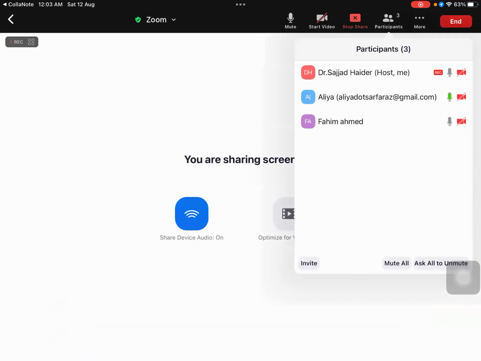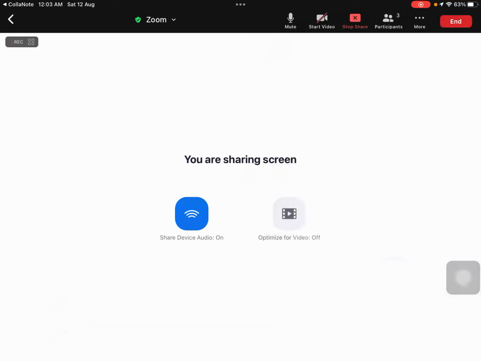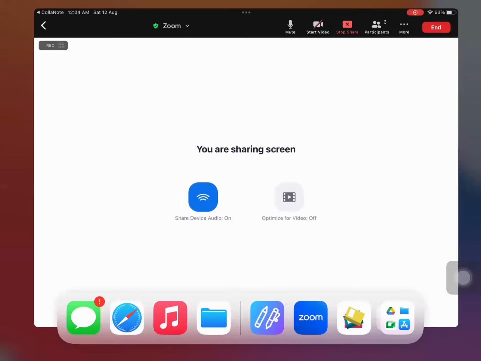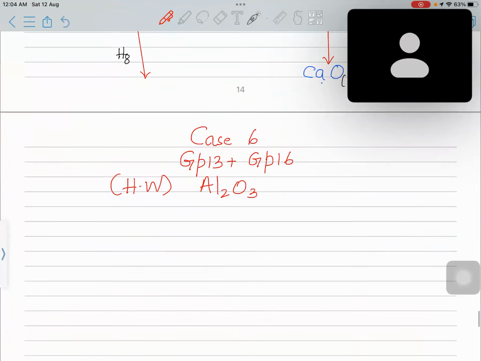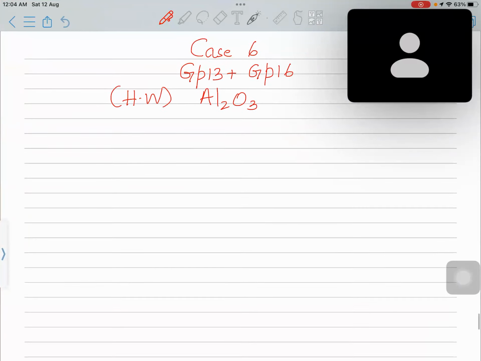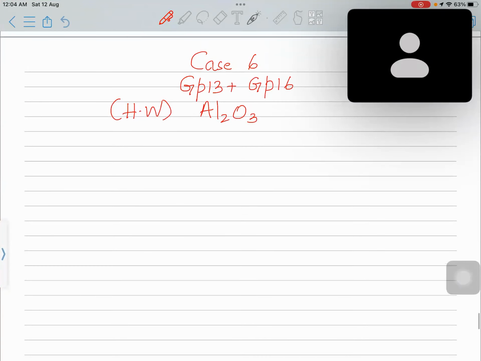Sir, then in first electron affinity, why isn't there repulsion in that one also? Why is first electron affinity exothermic? Now look at the board. Let's suppose here we have oxygen. This is the nucleus.